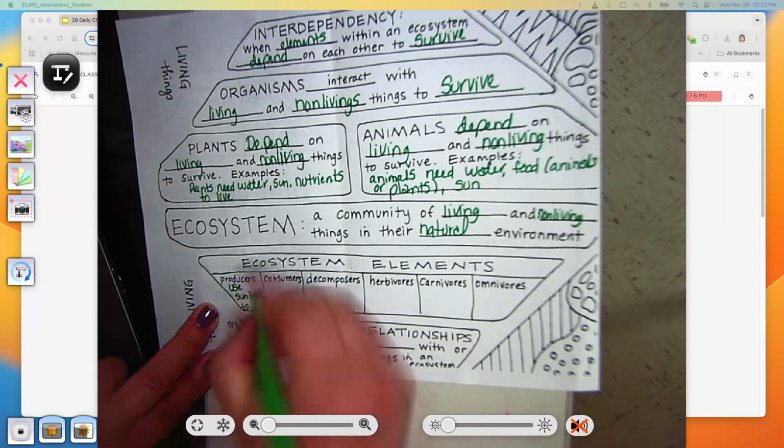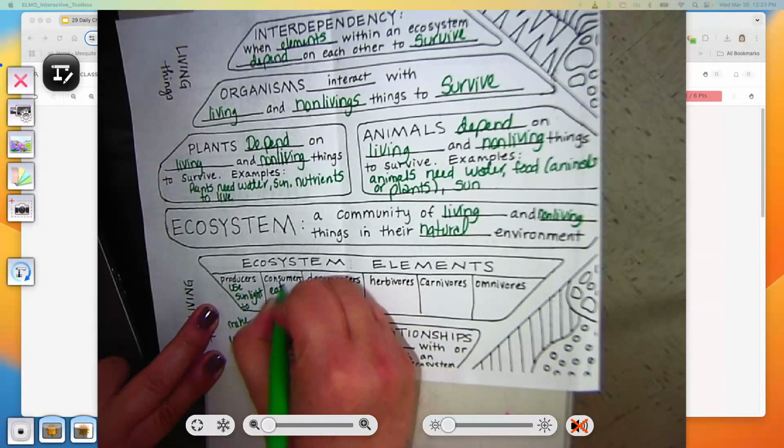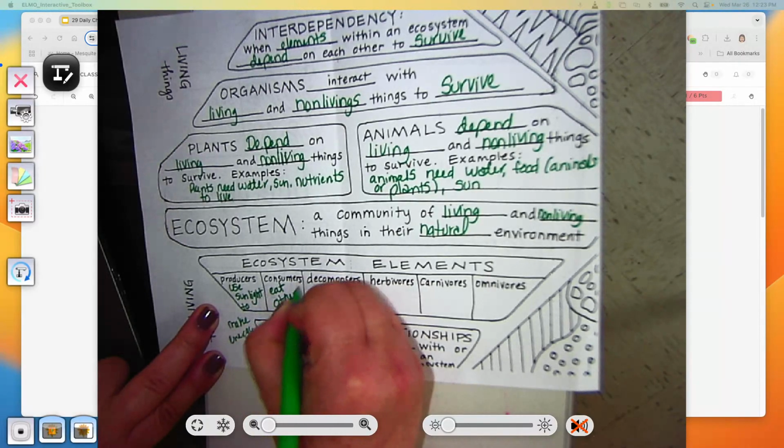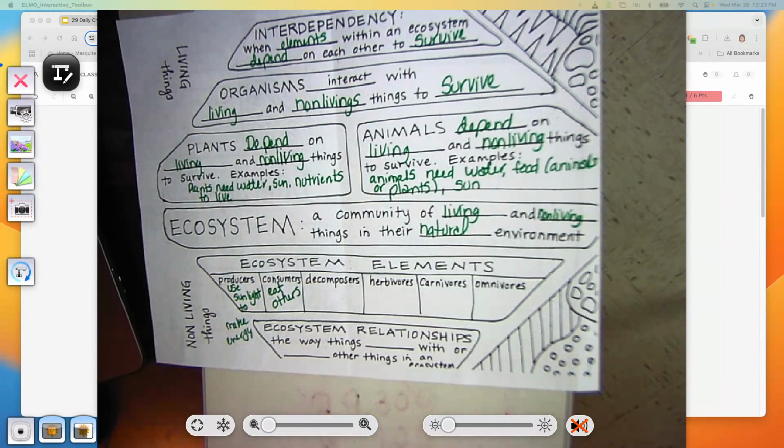Okay, consumers eat others. We are consumers. We do not use sunlight to make energy. A rabbit is a consumer because a rabbit eats what? Grass. And the grass is the producer because it gets its energy from the sun.